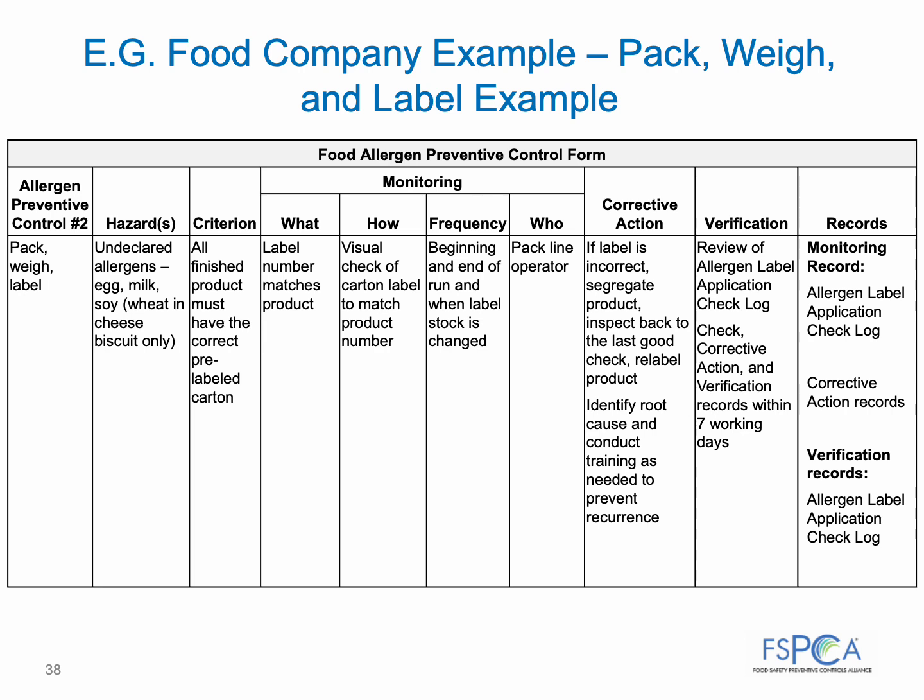Predetermined corrective action addresses what to do with the product if the label is incorrect, as well as identification of the root cause and taking appropriate action to prevent recurrence. As with process controls, the records associated with the allergen preventive control procedure are verified, specifically the label check, log form, and any corrective action or verification records.